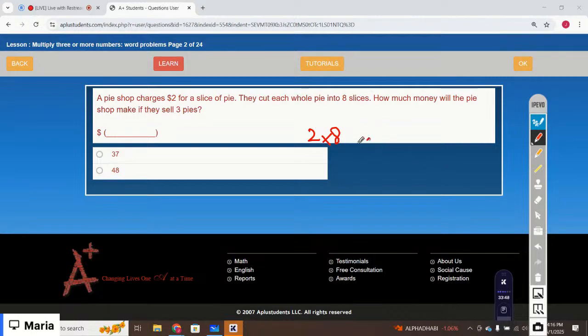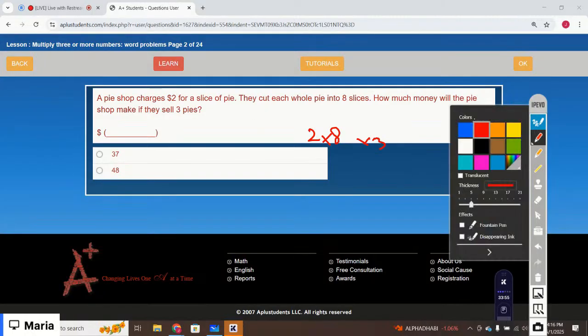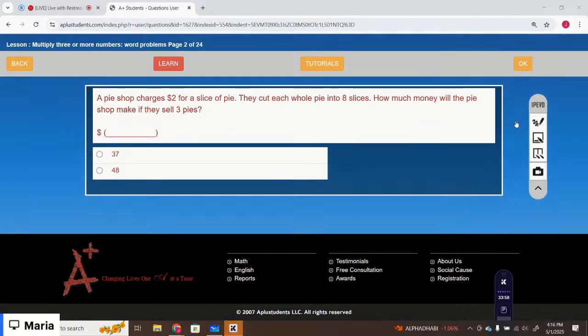Two times eight times three: two times eight is 16, 16 times three is 48. So the correct option is $48. That means the three pies were sold for $48. Option number two is the correct option.